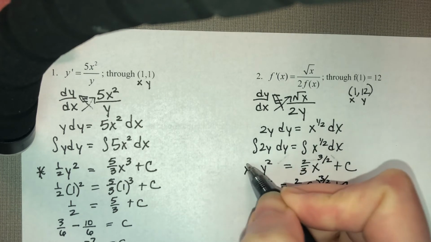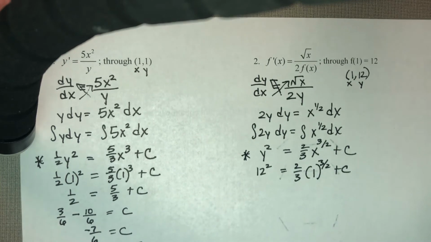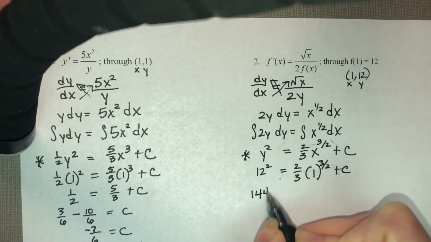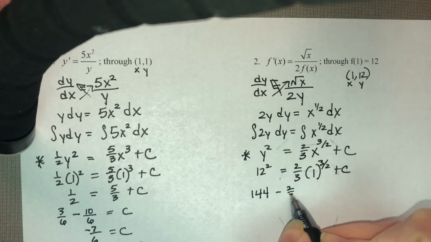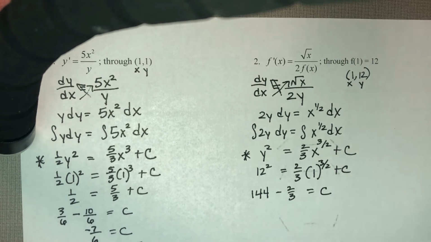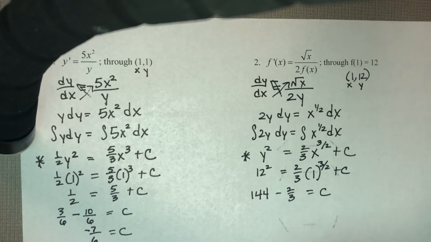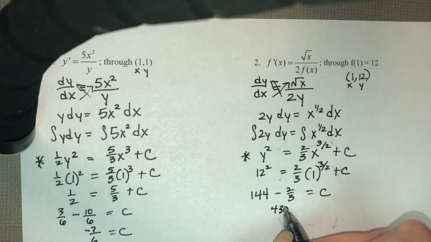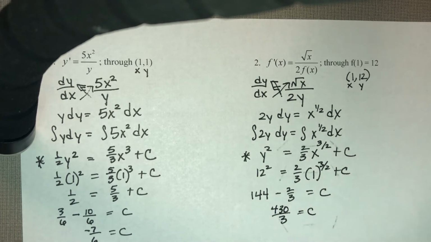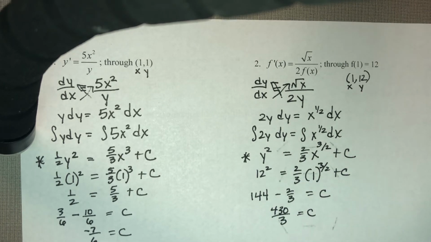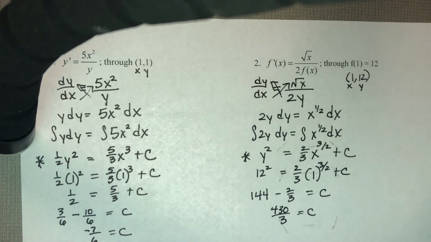And this is the step I'm going to go back to. So 144 minus 2/3 will equal c. 144 times 3 minus 2 is 430 as an improper fraction, or you could say 143 and 1/3 as a mixed number.